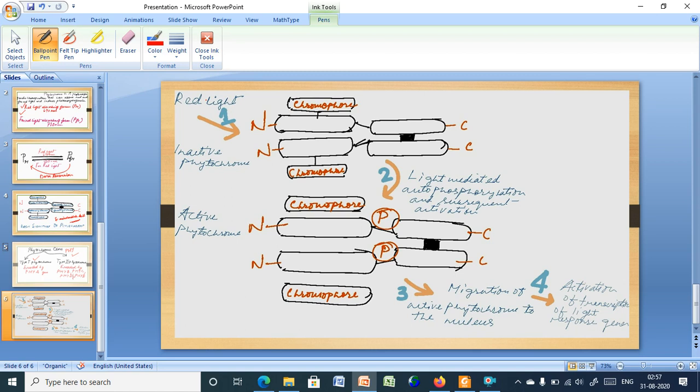Or in another case, the activated phytochrome moves towards the cytoplasm, and then after subsequent interaction with other proteins, it migrates into the nucleus to participate in the gene regulatory mechanisms and transcriptional activities.